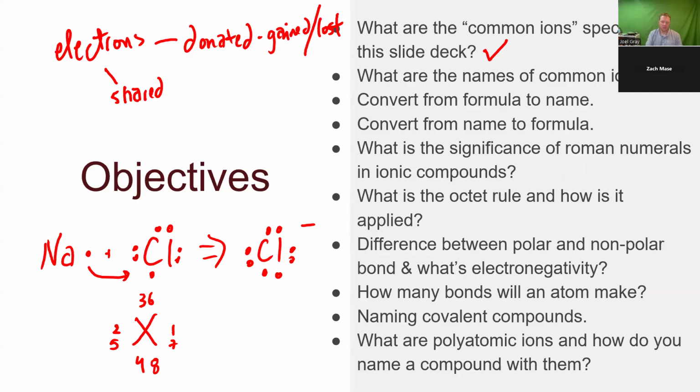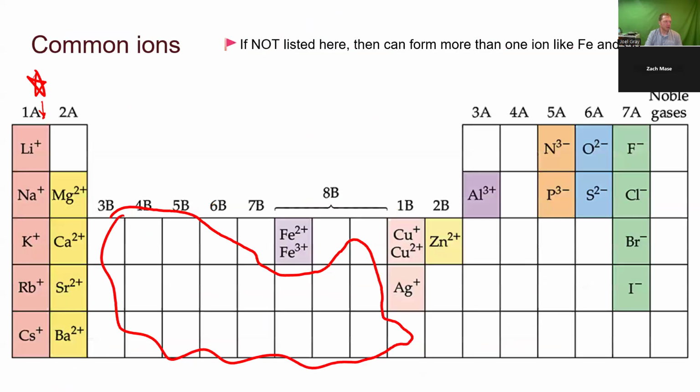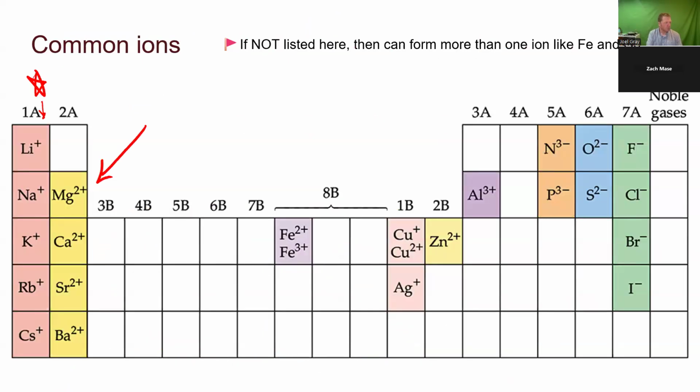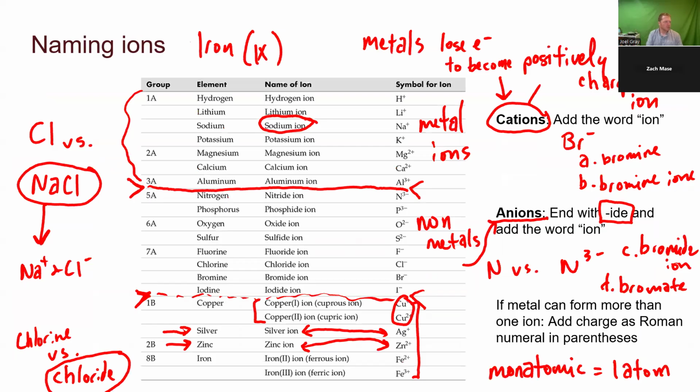The good thing about these common ions, and I'm going to go back to this slide right here, is if you can decipher what the names of all these symbols right here are, you can just say the metal name plus the word ion. Now, here for copper and iron, on this slide, there's specific names.